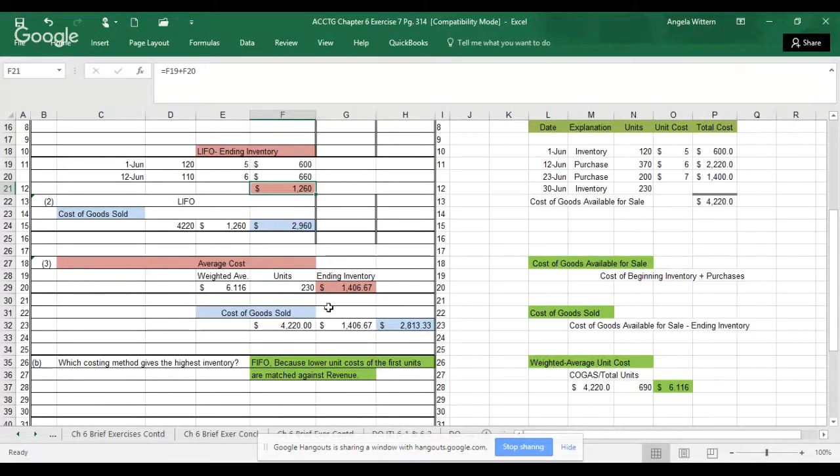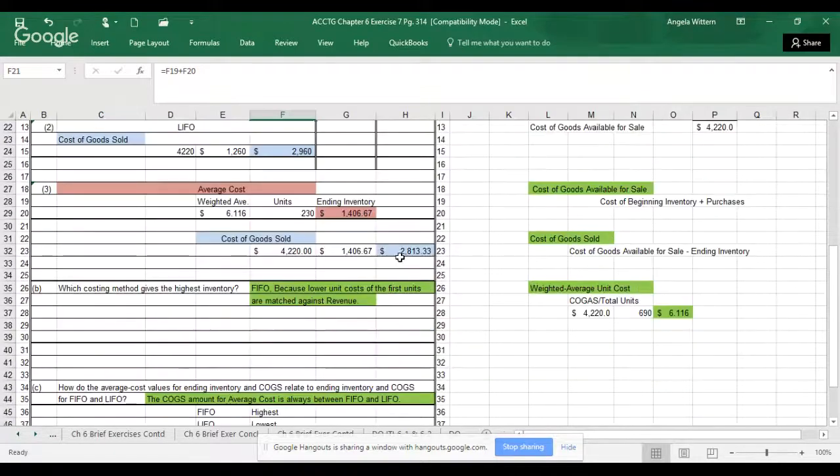So likewise, with the other cost of goods, we have the exact same cost of goods available for sale, 4,220. We subtract out the ending inventory under the average cost method of inventory. We have a cost of goods sold, $2,813.33.